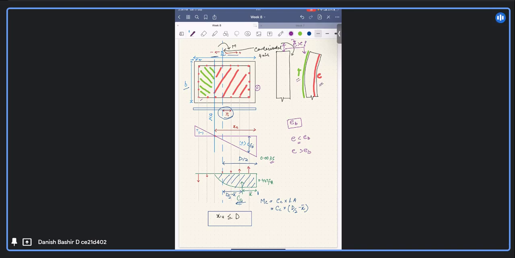The tension will be so much high from this side that the concrete will ultimately fail in tension. That is the tension failure. Tension failure, compression failure, and this is the balanced failure.